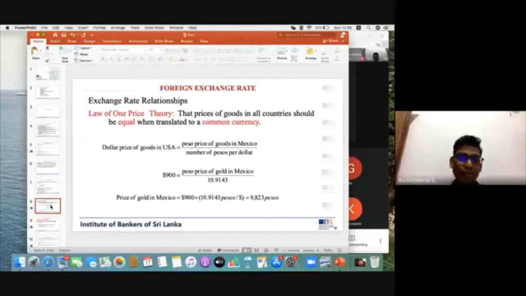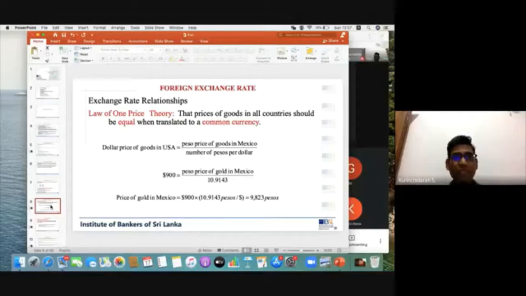Now, if you are going to buy 1 kilo of rice, and if you are going to buy 1 kilo of rice in the US, if you convert those prices into a common currency, it can be LKR or USD or some other currency, but in a common currency, the price should be the same. That is the law of one price. Okay, let's see an example.